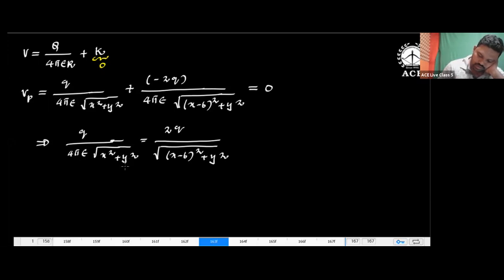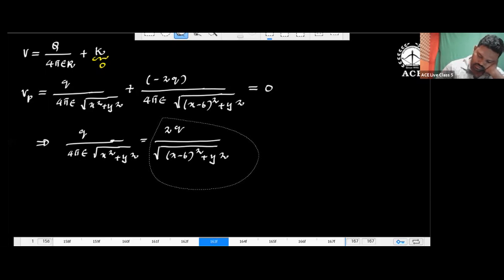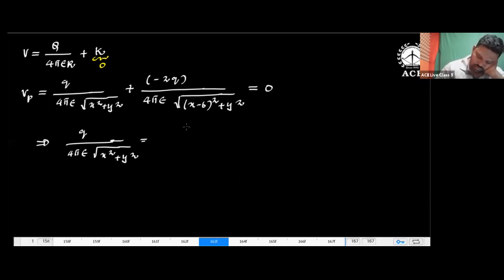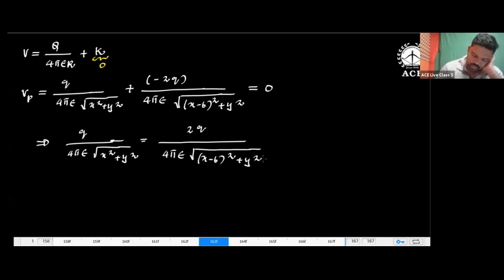Sorry, here it is: 2Q divided by 4 pi epsilon square root of (x minus 6) square plus y square.